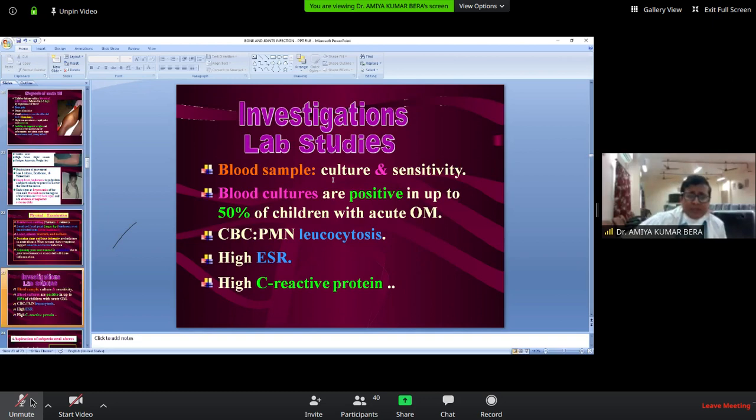If he has some collection or fluctuation, we will aspirate it and send it for routine examination as well as culture and sensitivity, and that will help identify the organism. However, blood cultures are positive in only 50% of cases.